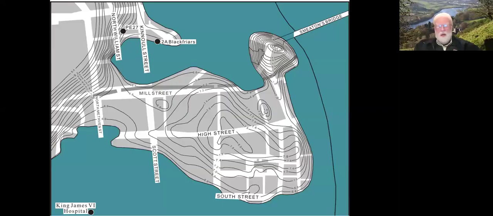So, yes. The other thing to remember about Perth, and which really defines its shape and its form, is that the River Tay is extremely prone to flooding. I remember many years ago when I lived in London, before the Thames Barrage was created, watching the Thames flood at high tide in what were really slack water conditions.